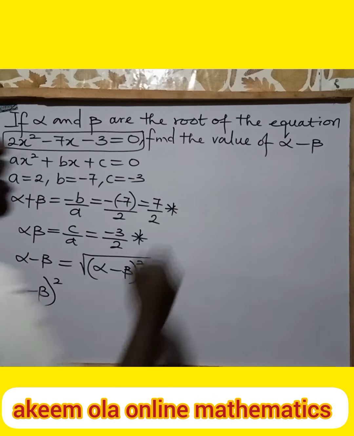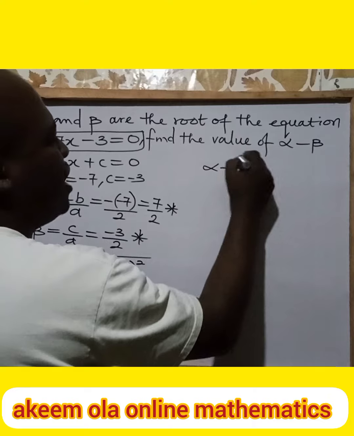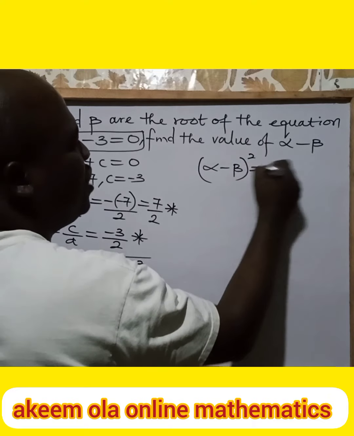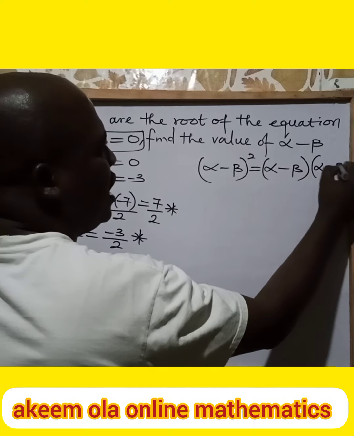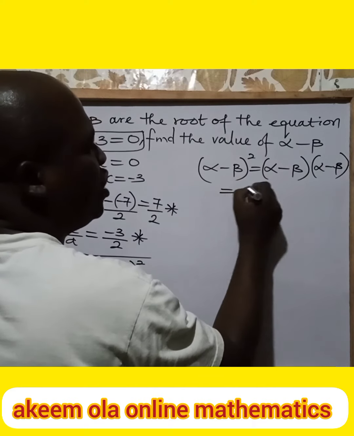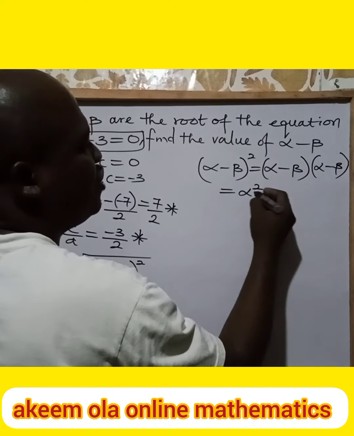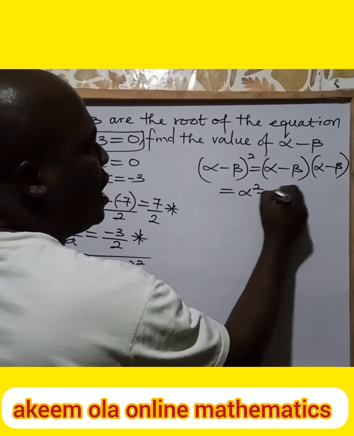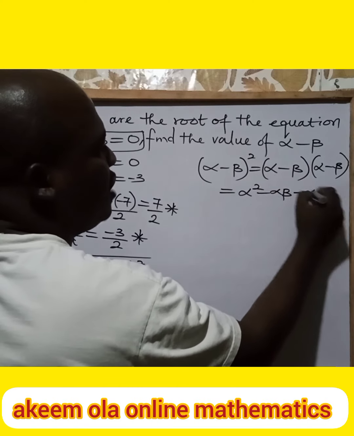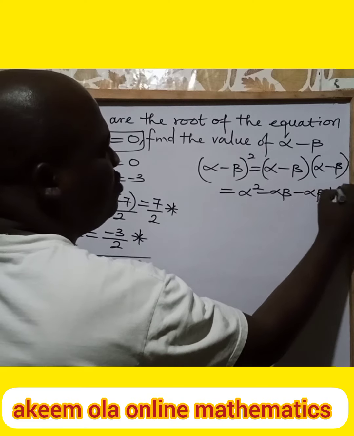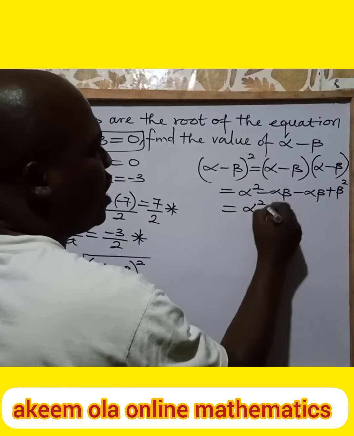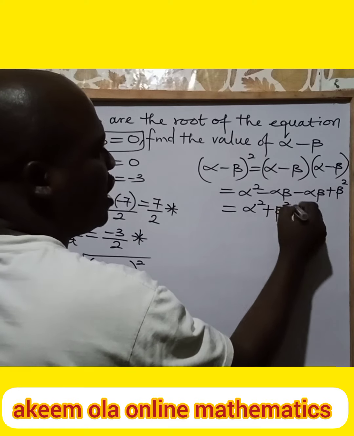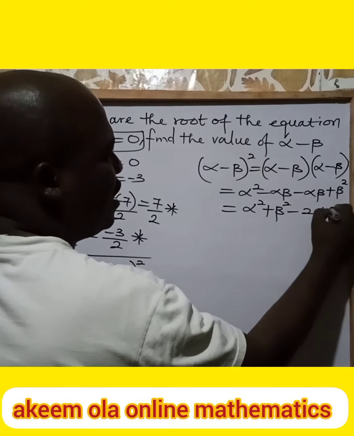Of course, I know that alpha minus beta squared will always be alpha minus beta times alpha minus beta, and that will surely give us alpha squared. Simplifying it, you are going to have alpha squared minus alpha beta minus alpha beta plus beta squared, and that will automatically give us alpha squared plus beta squared minus 2 alpha beta.